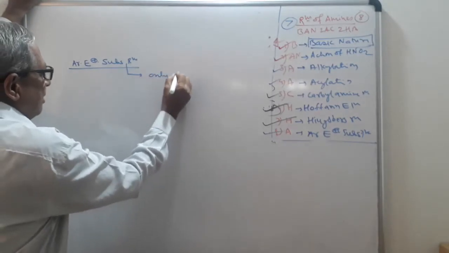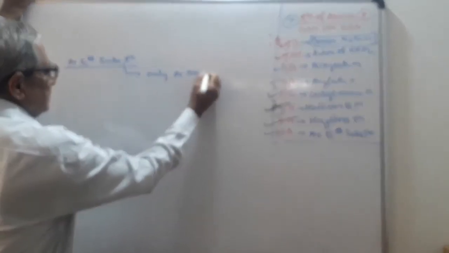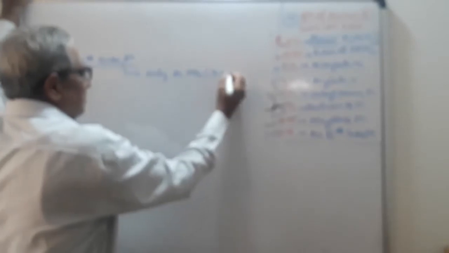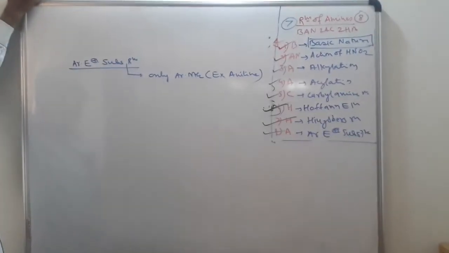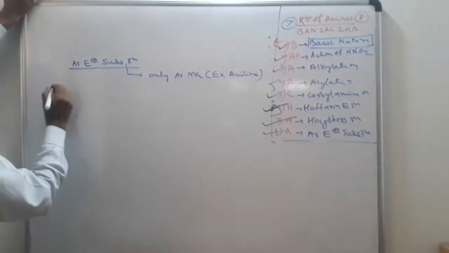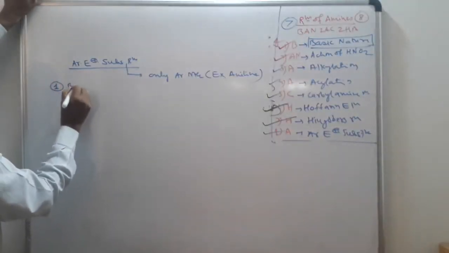These reactions are shown only by aromatic amines, and the example of an aromatic amine is aniline. First reaction, bromination.